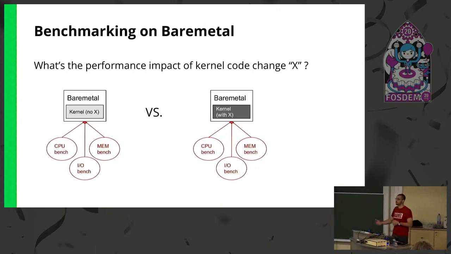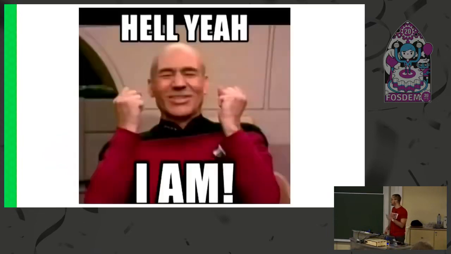Then you run the same benchmark, actually most of the time more than one benchmark, again with the change applied, and then you check the difference, if there is any. Now, this is what you do for, let's say, bare metal benchmarking.